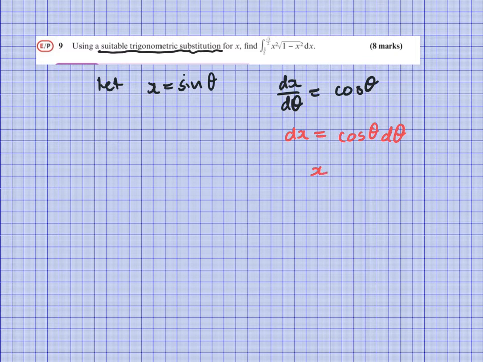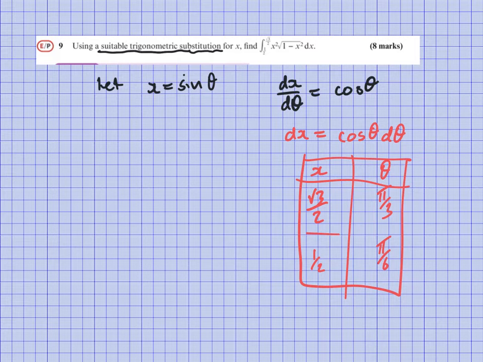If x is equal to root 3 over 2, then theta is equal to inverse sine of root 3 over 2, which is pi by 3, always working in radians. If x is a half, then theta is equal to inverse sine of a half, which gives us pi by 6, working in radians.